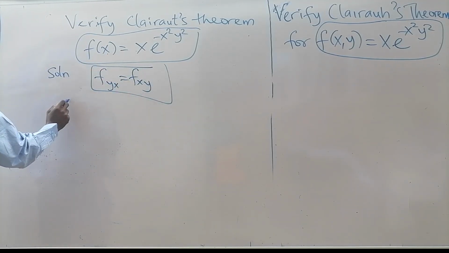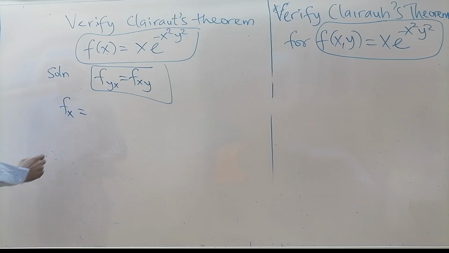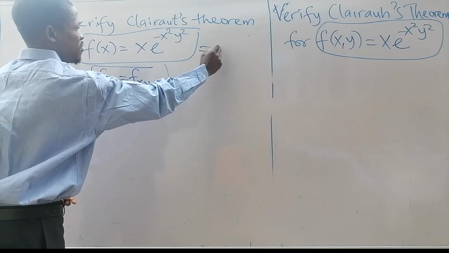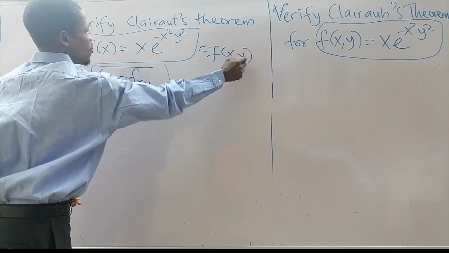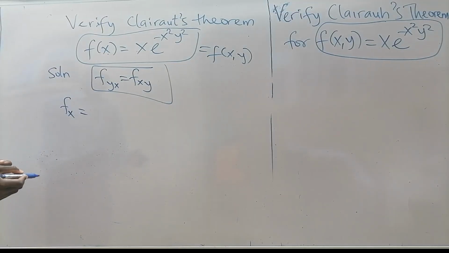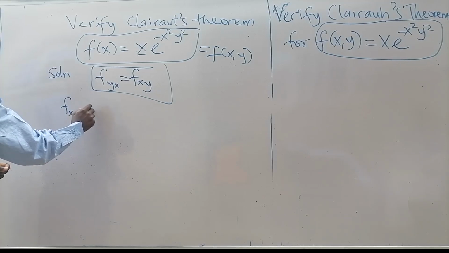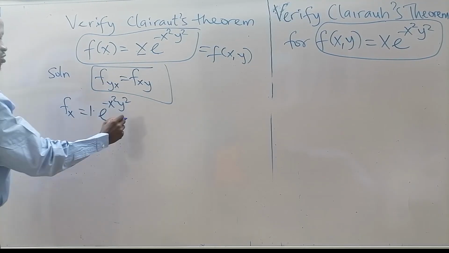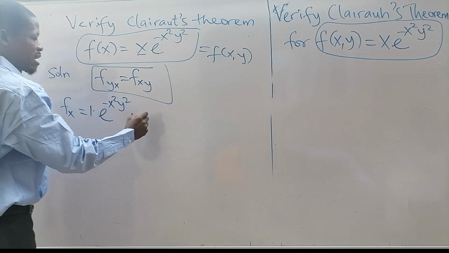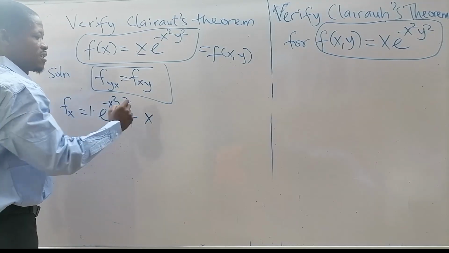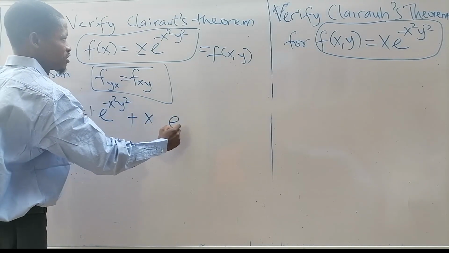Let's differentiate. Let's get f_x of this function. This function is a function of two variables, x and y. So let's get this one. This involves a product rule. I'm going to differentiate this x, that's 1, and keep the exponential constant, plus I'm going to keep my x constant and differentiate the e function.